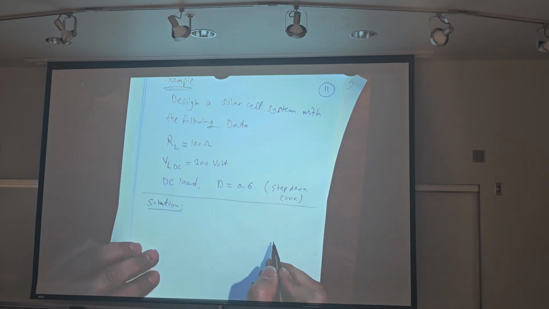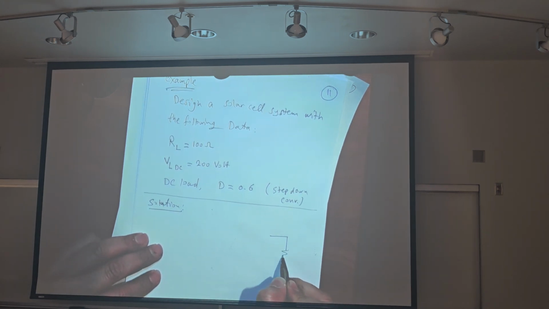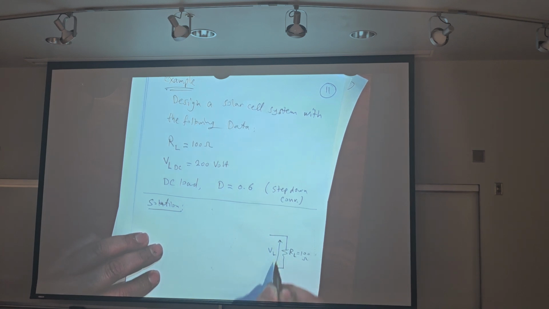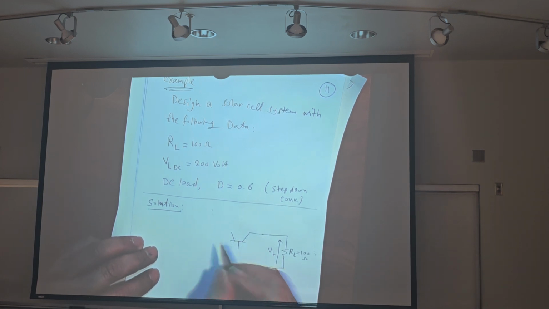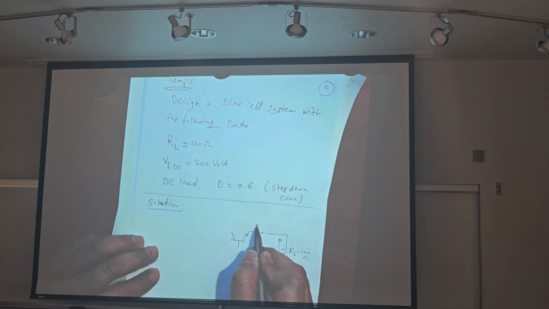But now, because we took just the step down converter, draw the circuit diagram, this one. RL equals 100 ohm, this is V load. Transistor: you can use any switch device or transistor. This emitter, this collector, this base.